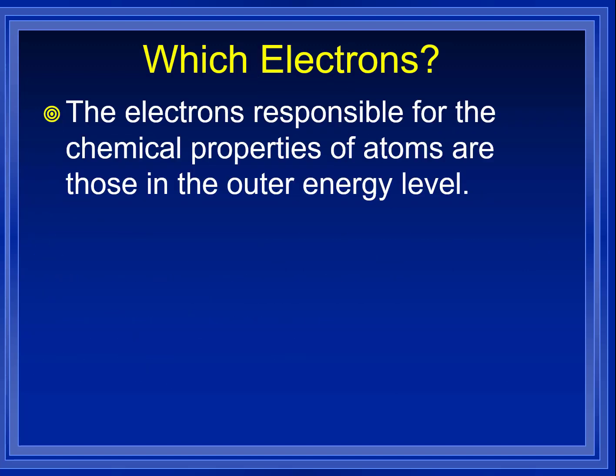So the outside electrons, the ones in the outer energy level, the ones with the highest number in front of them, it's always going to be S's and P's. Because S's and P's always have the highest number. Because D's are always 1 behind and F's are always 2 behind.